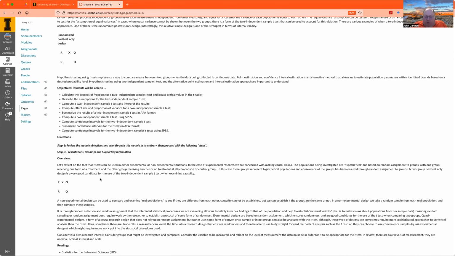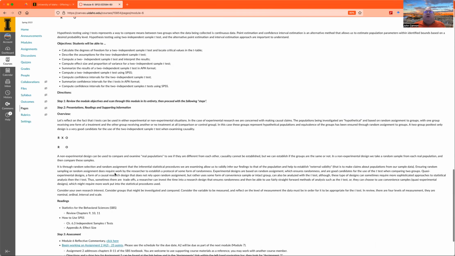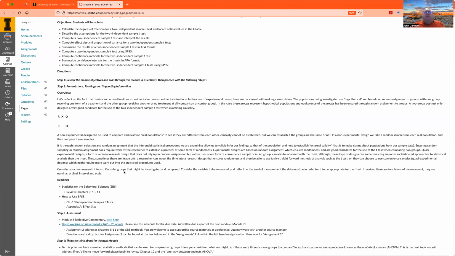In review, there are 4 levels of measurement, and they are nominal, ordinal, interval, and scale. Okay, so the assigned readings for this module from the Statistics for the Behavioral Sciences textbook are a review of chapters 9, 10, and 11, and then with How to Use SPSS, section 6.3, independent sample t-tests, and appendix A, effect size.